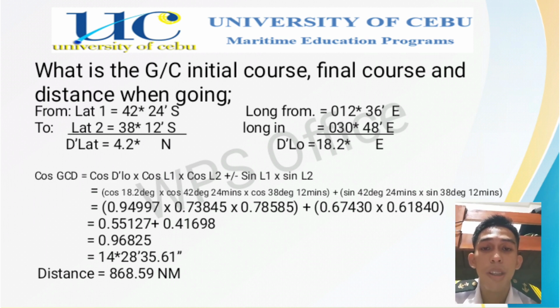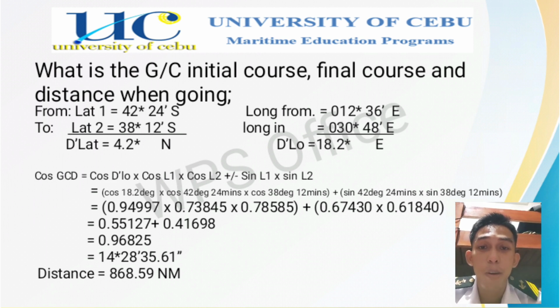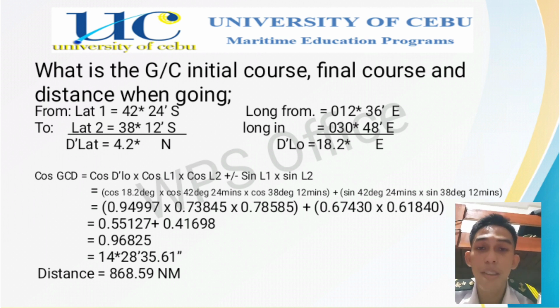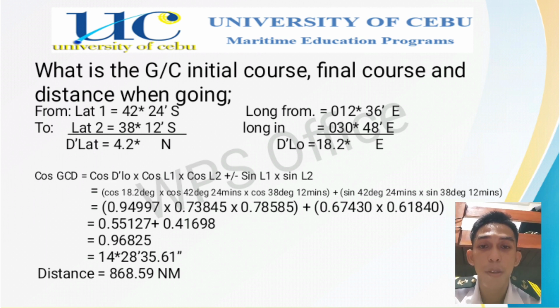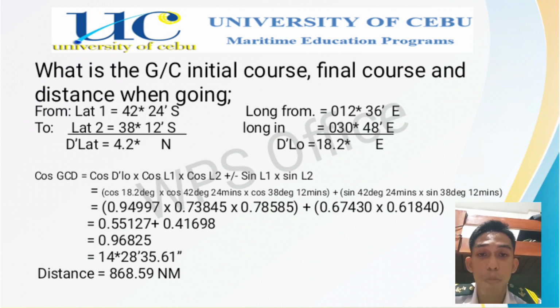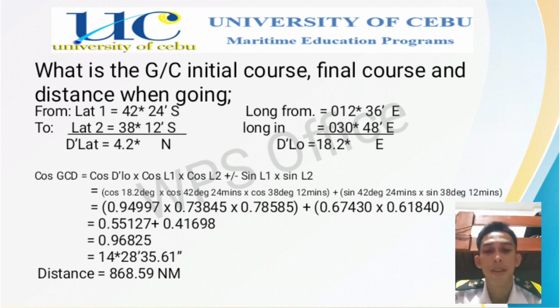So how do we get the distance in nautical miles? We multiply this 14 degrees 28 minutes 35.61 seconds by 60 to convert it to nautical miles, and the result is 868.59 nautical miles. So that's all.